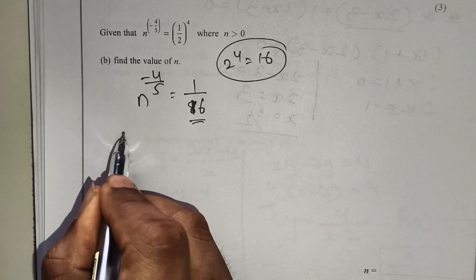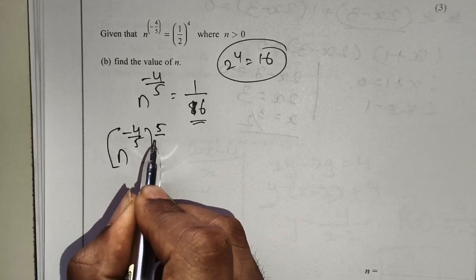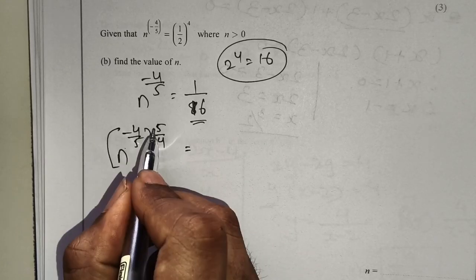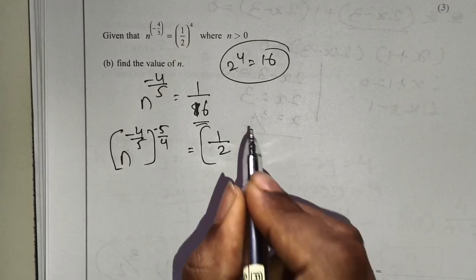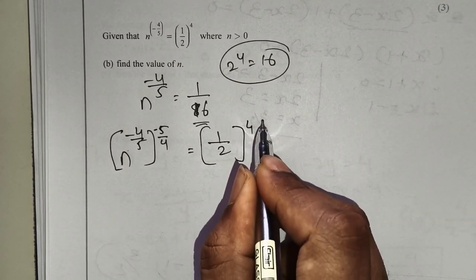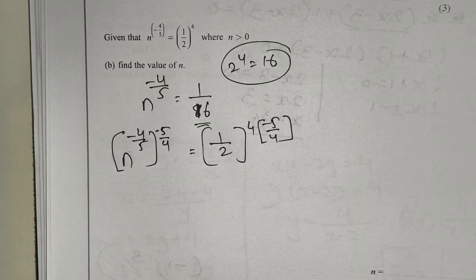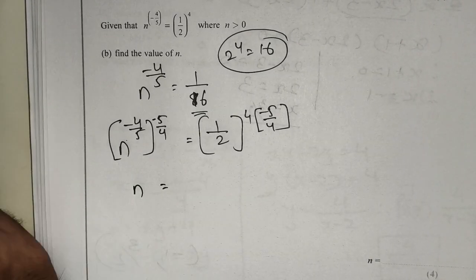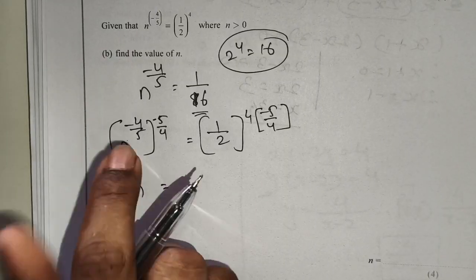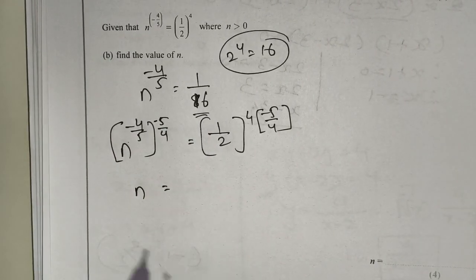So n raised to minus 4 by 5, raised to minus 5 by 4, is equal to 1 by 2 to the power of 4, raised to minus 5 upon 4. Correct? So what happens here is it becomes n completely, right? Because this and this get cancelled, this and this get cancelled, so it becomes n.